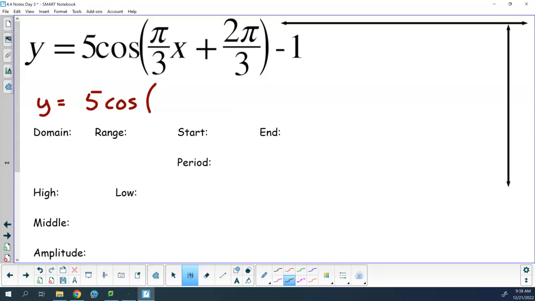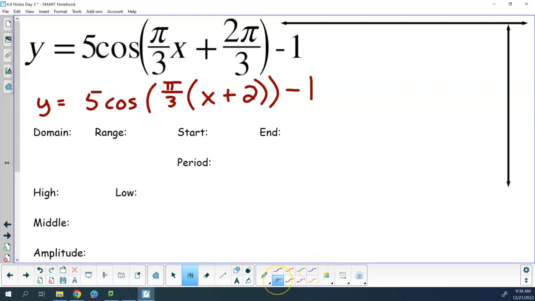Pi over 3 x plus, nope, 2, then minus 1. Because when I distribute back in that pi over 3, I've got to get 2 pi over 3.